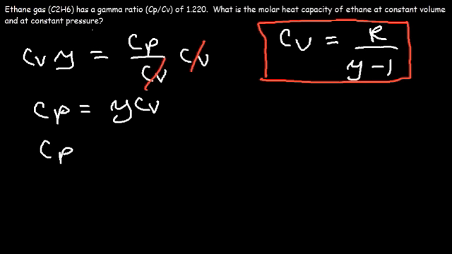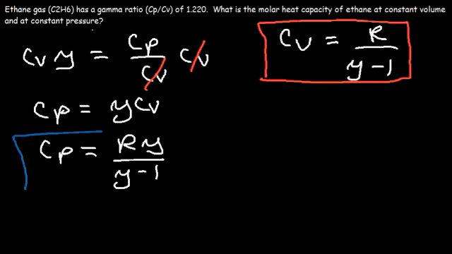So Cp is R times gamma over gamma minus 1. So this is another useful equation. So with these two equations, we can find Cp and Cv if we're given the gamma ratio for a gas.